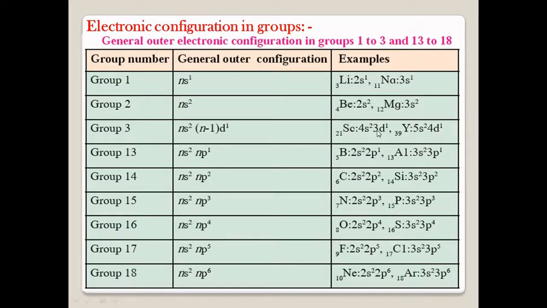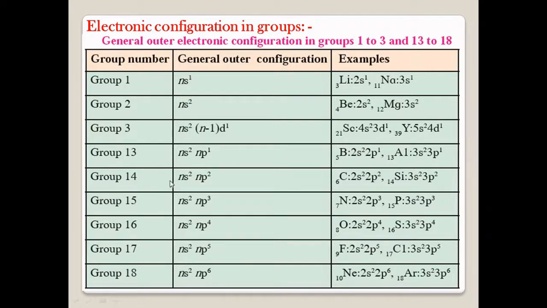Example: boron, atomic number 5, 2s2 2p1. So it has 3 electrons in the last valence shell, so its group is 13. Another example below boron is aluminium 13, so 3s2 3p1.